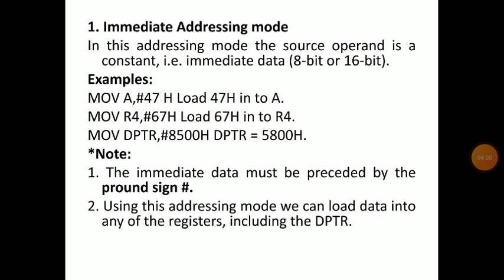This is an instruction in which the data 47 hexadecimal will be moved onto the register A, that is accumulator register. So that is specifying to load 47h into A.